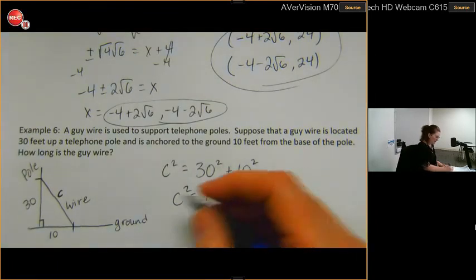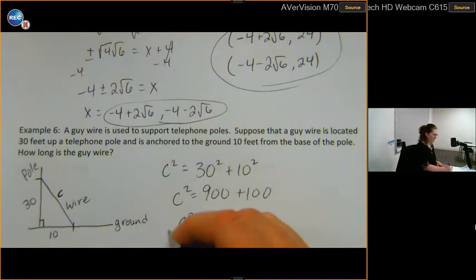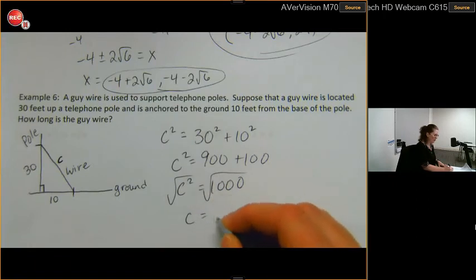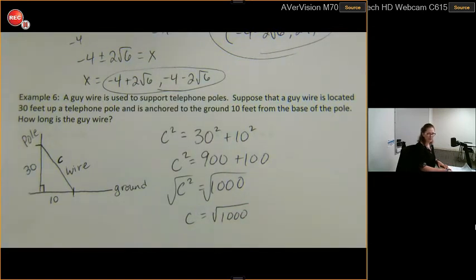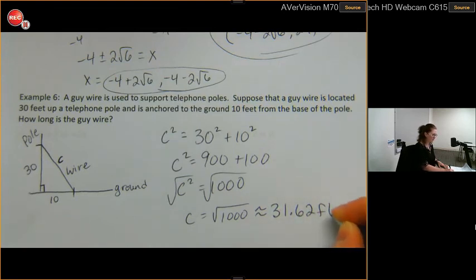And then we get 1,000, and you square root and use only the positive because it's the length of a wire. The square root of 1,000, you would use a calculator because in real life I can't cut my wire to the length of a square root of 1,000, but I can cut my wire to be about 31.62 feet.